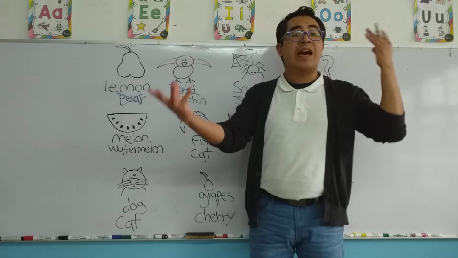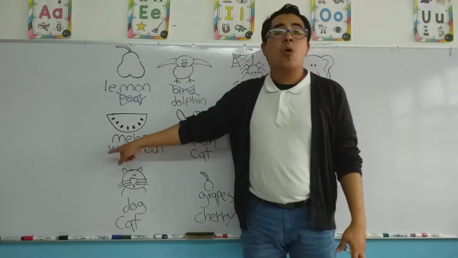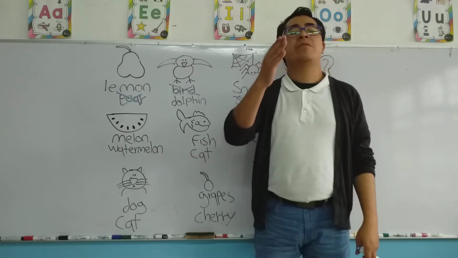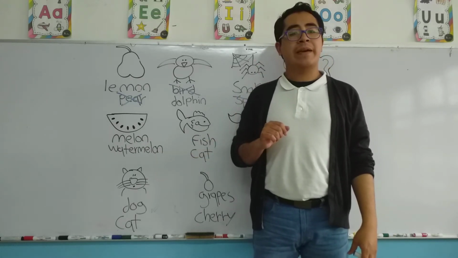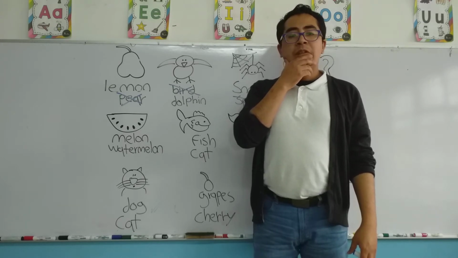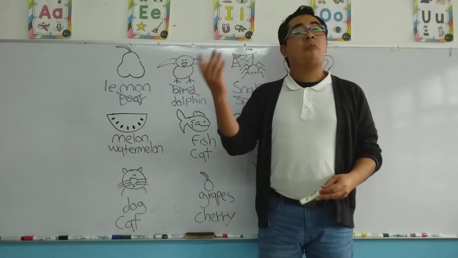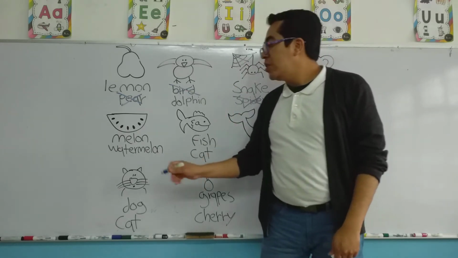Remember that there is a difference between the two names. Melon or watermelon. What do you think it is? ¿Qué creen que sea? Watermelon. Very good. Remember, watermelon in Spanish, sandía.